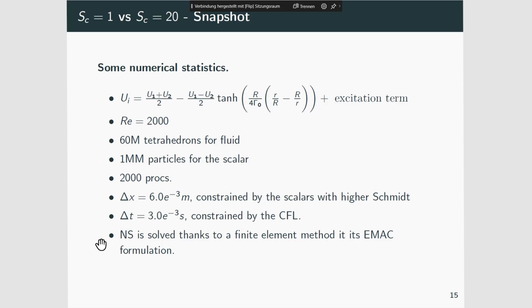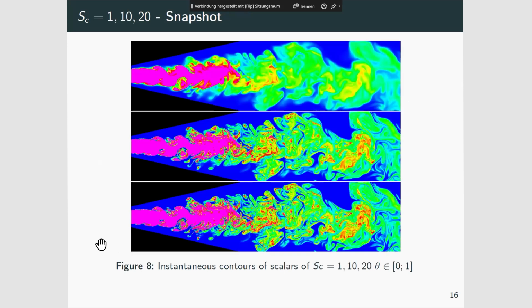And then, these are some snapshots of our scalar in our turbulent flow for a Schmidt number equal to 1, equal to 10, and then equal to 20. As we can see, the higher the Schmidt number is, the higher the sharpness of the gradient, the sharpness of the variation.